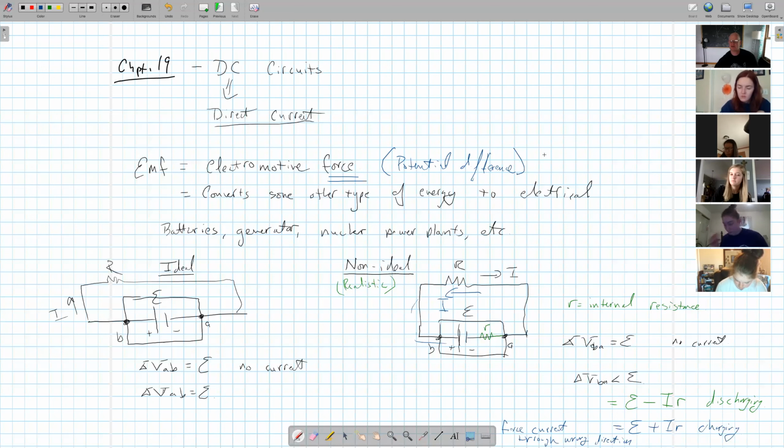By definition, the EMF is equal to the work done by the battery per unit charge. This is how we define the EMF.